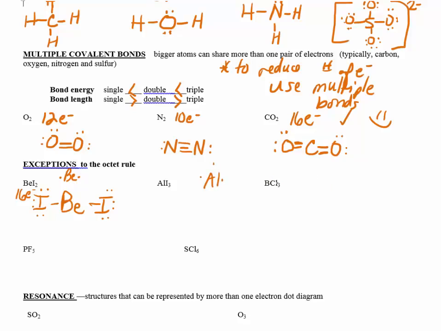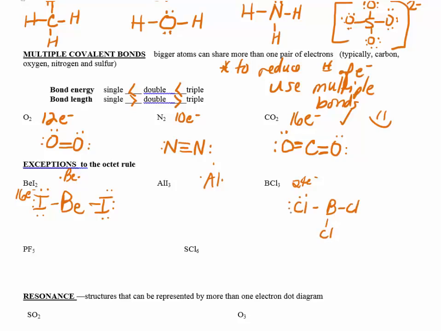More common, let's focus on what you're probably going to see more, and that's a boron compound. Same thing, look at boron's valence electrons. It has 3. Each chlorine has 7. 7 times 3 is 21, so I have 24 electrons available. Boron goes in the middle. You're going to put a chlorine around it.